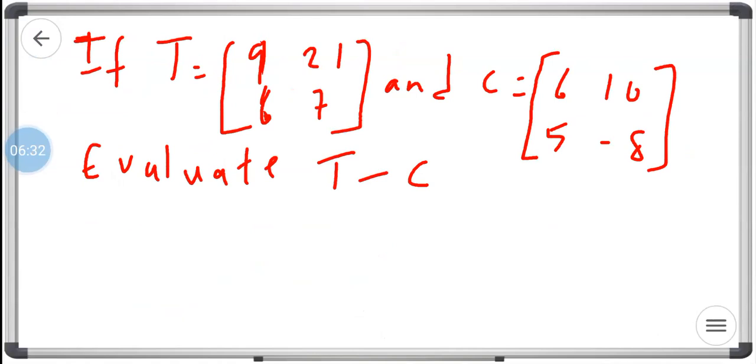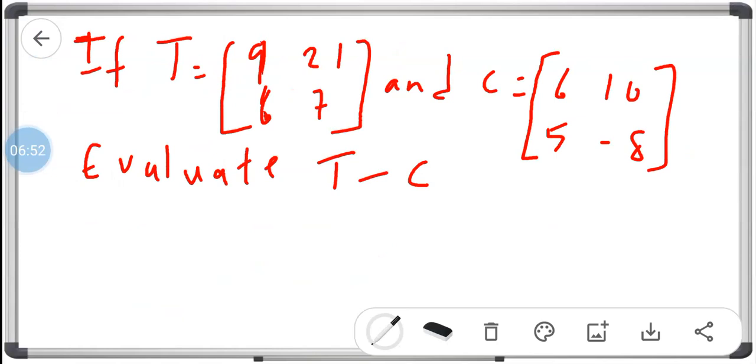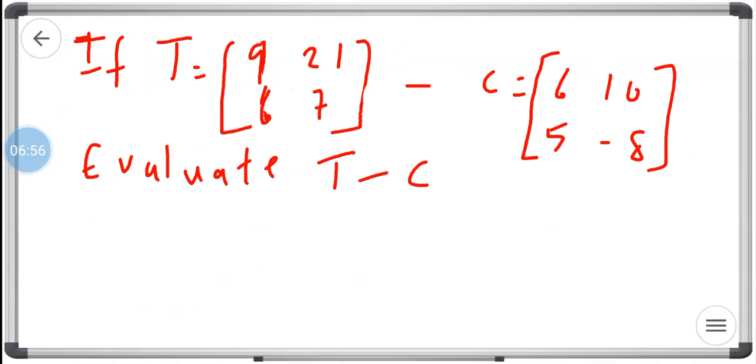Now, don't forget that we are dealing with matrices, and we are considering subtraction of matrices. If you look at this question, you will see that T and C are in the same form. We are told to evaluate T minus C, which means we should subtract. So don't forget how we normally subtract.